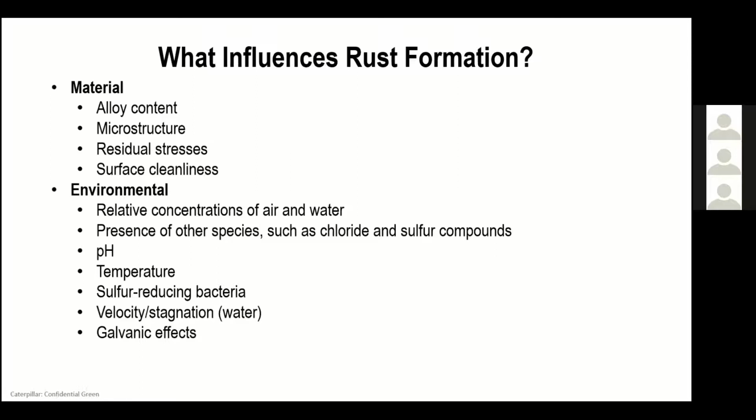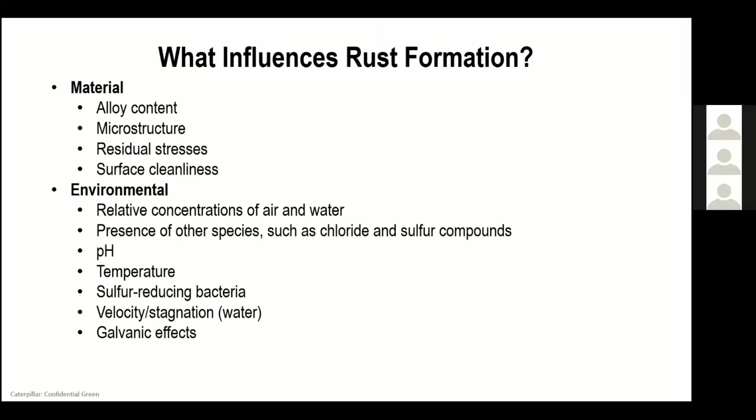I keep hitting the point here that what influences the rust formation is really the alloy content. I just briefly went over the microstructures that some of the material scientists look at, and the residual stress. And I talked a little bit about surface cleanliness being important because you don't want to leave chlorides or certain types of ions that are corrosive on the surface.